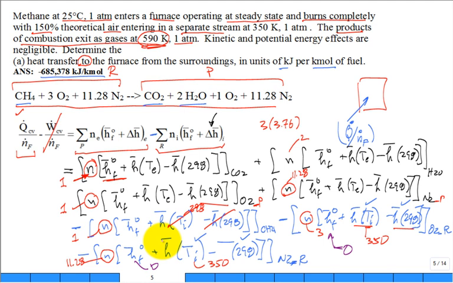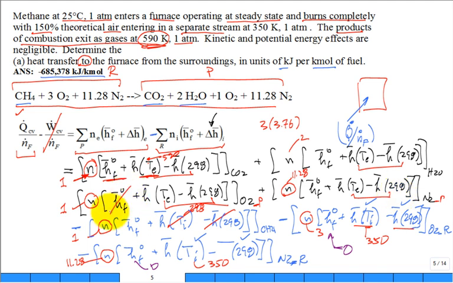All right. So carbon dioxide in the exiting products of 590. So likewise is delta H bar for water vapor, the oxygen, and the nitrogen in the products.